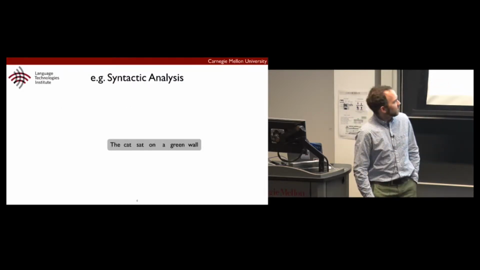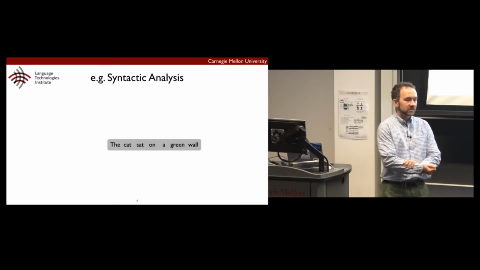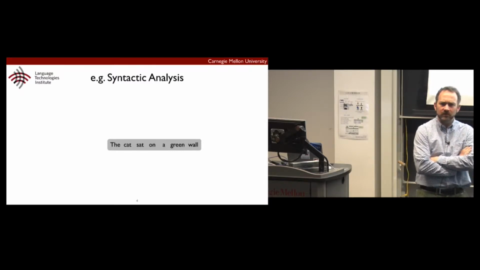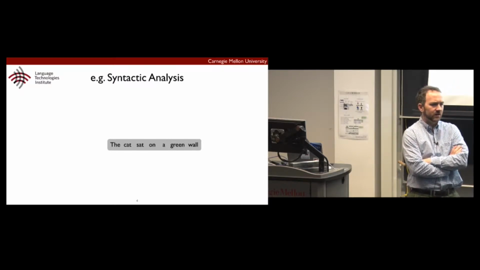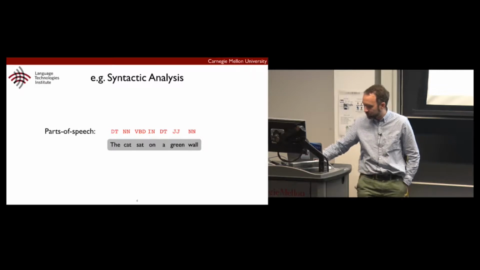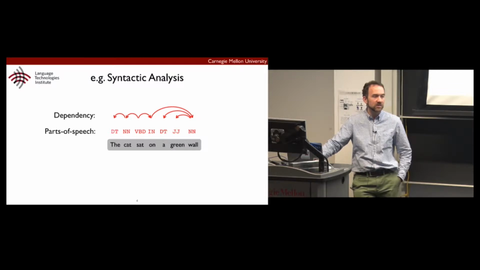So I think basically all of the examples I'm going to talk about this time are based on some sort of syntactic analysis of sentences. I don't know if you've handled any things like this in this class. Probably not, right? So some examples of this would be things like predicting the parts of speech of a sentence, or predicting dependency graphs for a sentence, where dependency graphs are the relationships between words in a sentence.